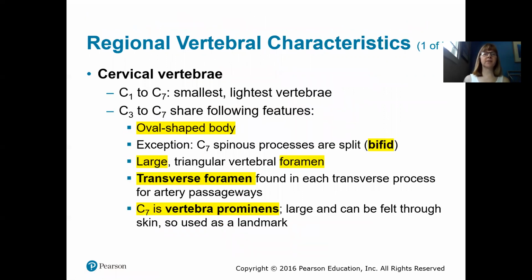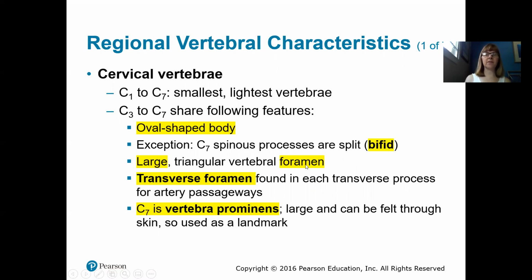Okay. So cervical vertebrae, they're the smallest, they're very lightweight, but the body is oval shaped. That's one thing. And except for that last one, the processes are split. They're V-shaped. And I can always remember because cervical has a V in it and its process has a V in it. So that's how you can remember.